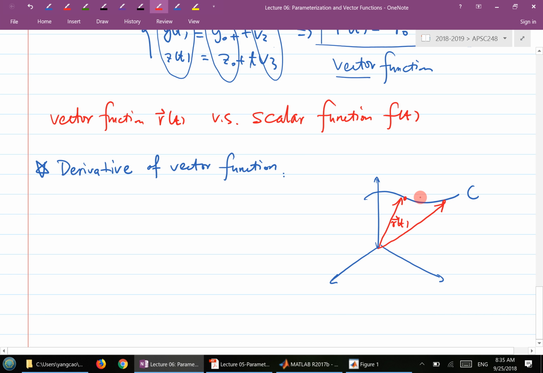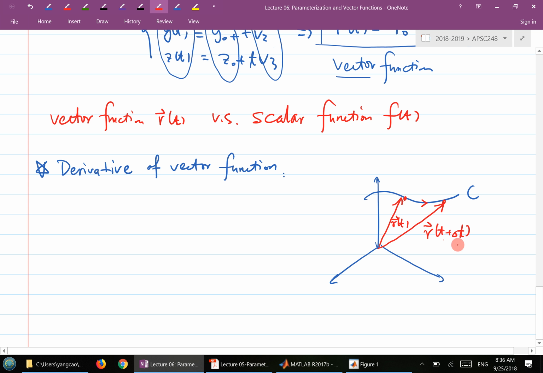Suppose it travels along this direction. At t moment, this is the current location. Then after a delta t time duration, we end up at this location, so that's t plus delta t.